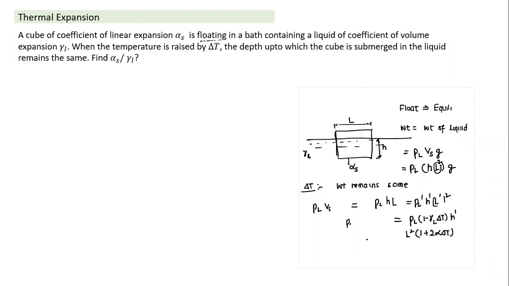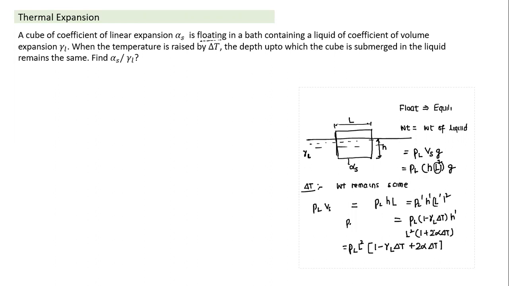That's the expression. If we simplify it, the right hand side can also be written as rho L into L square into 1 minus gamma L delta theta, cross multiplying these two parts, into 1 plus 2 alpha delta theta. Why have I not written the third term of the cross multiplication here?